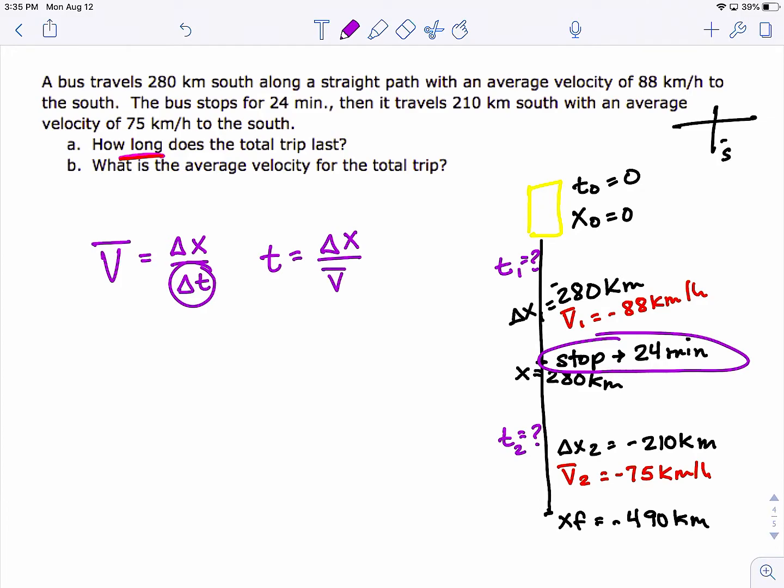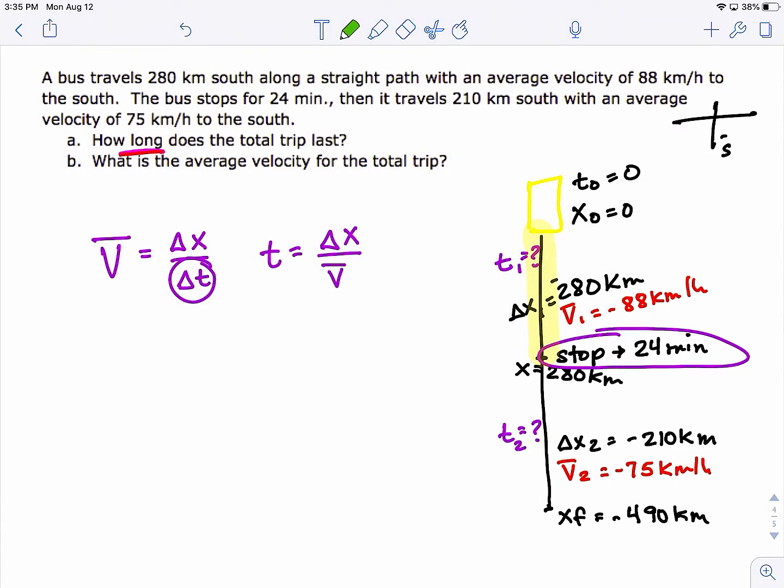So for this first part right here, I'm going to take the displacement, that's for the first leg, negative 280 kilometers divided by negative 88 kilometers per hour.